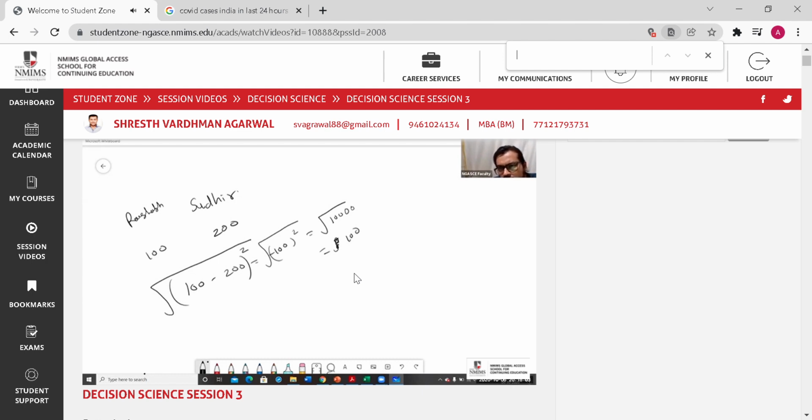We will use a square in the case of negative values. It's not justifiable straight away. If you use the modulus sign, again, the summation of modulus signs, mathematically, is not justifiable, Sudhir.